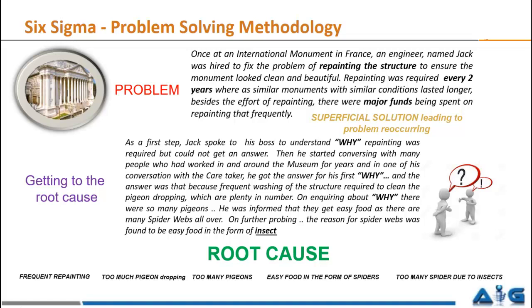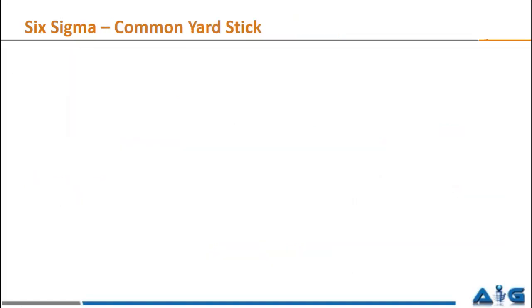So while doing Six Sigma or otherwise, one must not challenge the problem superficially. Instead, one should work at identifying the root causes that contribute to the problem, fixing the root causes such that the problem is permanently fixed. The next usage of Six Sigma is as a common yardstick of measurement.